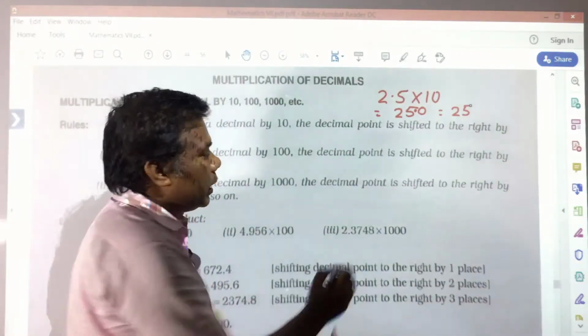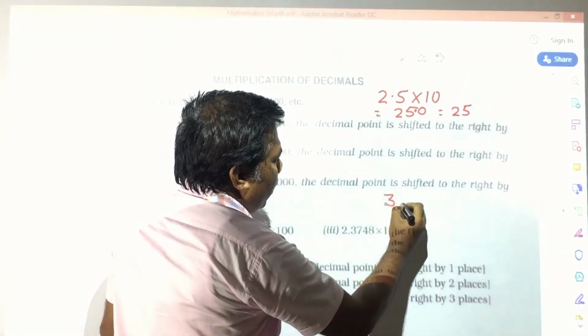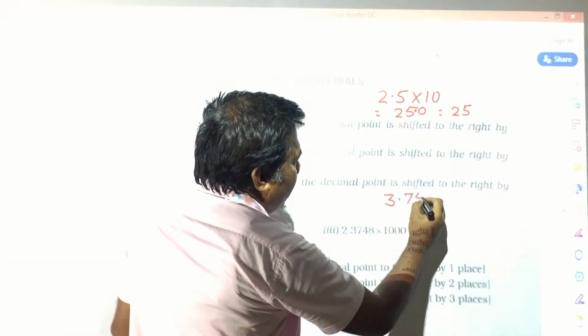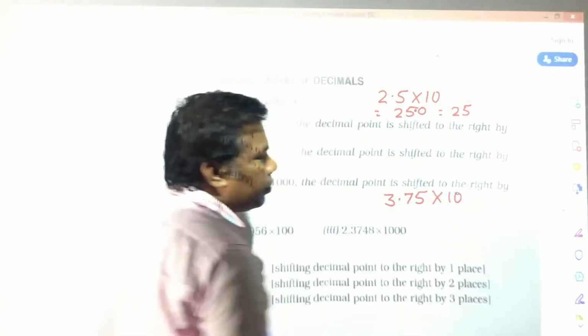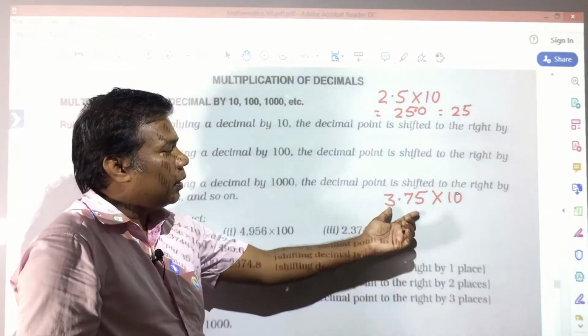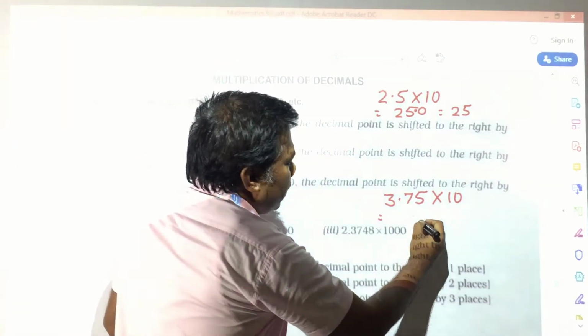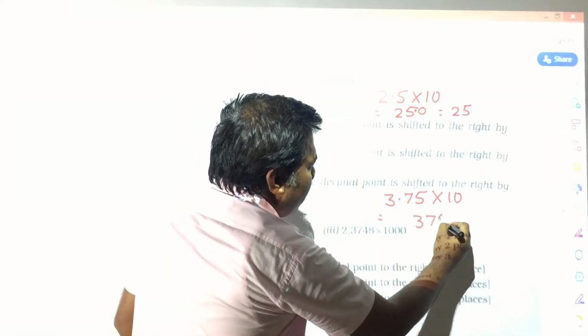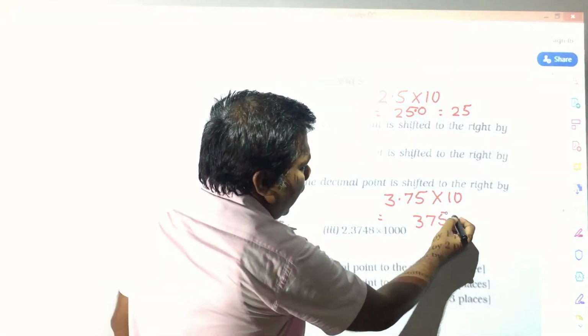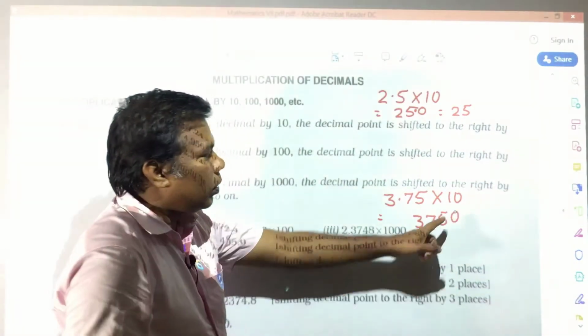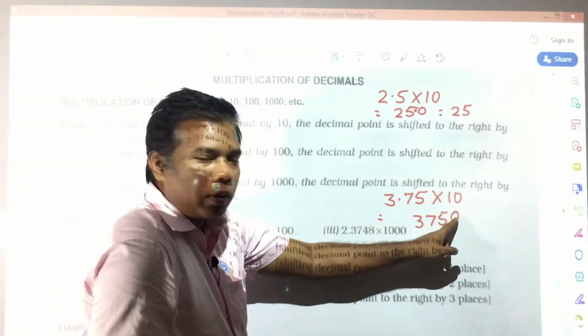Any other number? Suppose you have 3.75 and you need to multiply by 10. If you multiply this, what product will you get? 375 and 0, 3750.